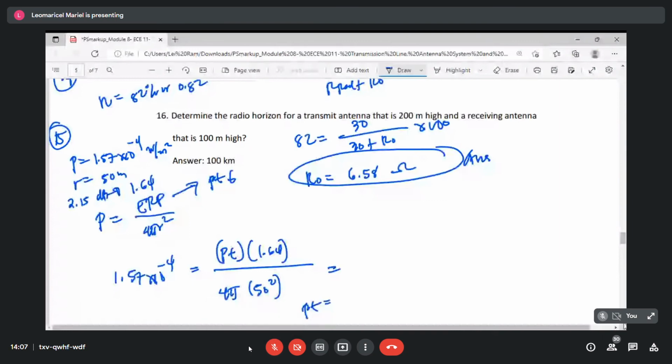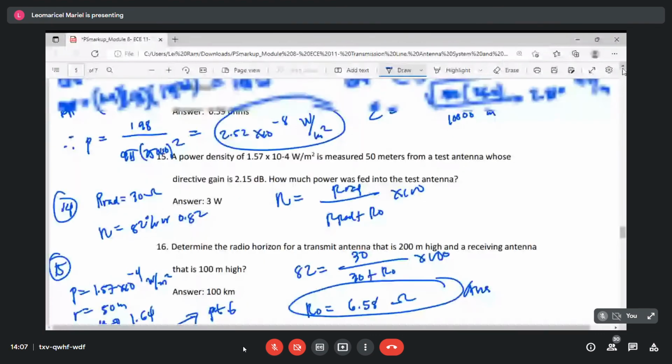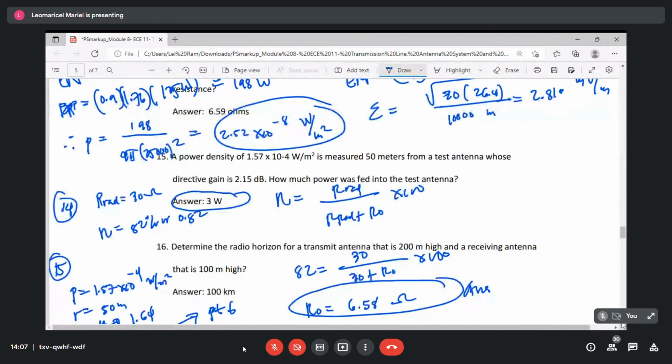Ang gawin nyo na lang, 1.57 times 10 negative 4 times 4 pi times 50 squared, divide mo na 1.64. Ilan? 3. 3 watts. Okay, so 3 watts, kapag lumayo siya ng 50 meters, the power density is equal to 1.57 times 10 to the negative 4.